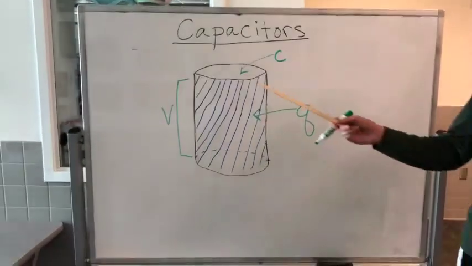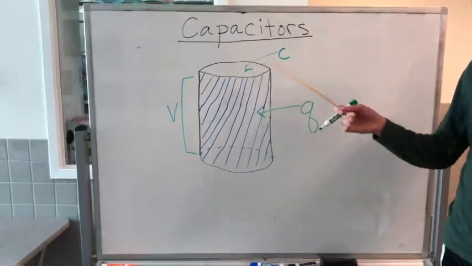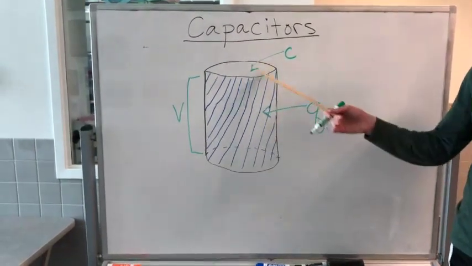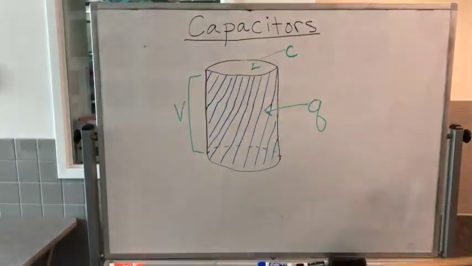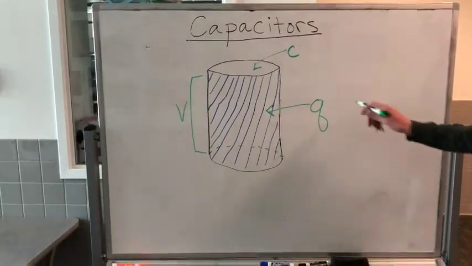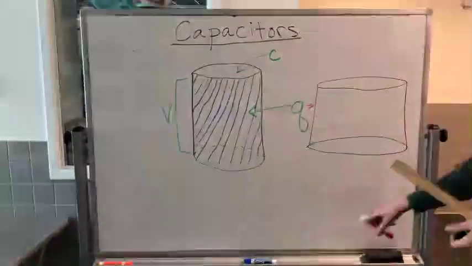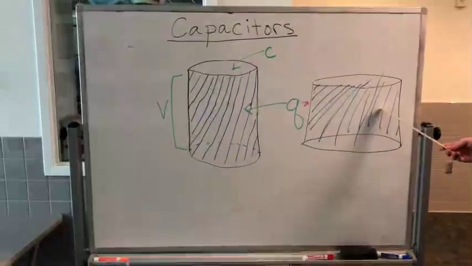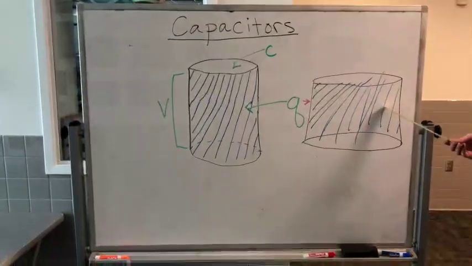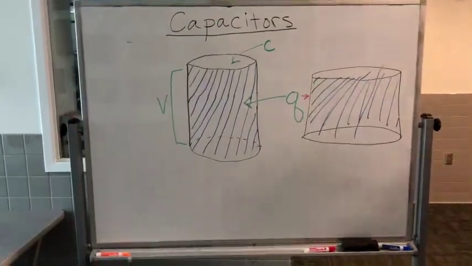So what happens when we halve the distance between two parallel plates in the capacitor? Well, the total amount of water in the capacitor, or in the bucket, doesn't change.